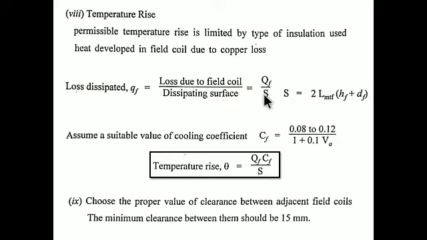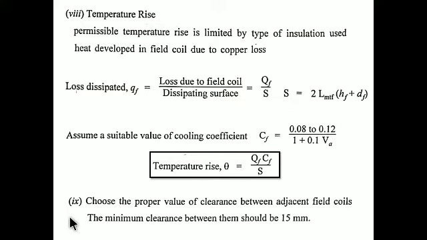After finding QF by S, there is the cooling coefficient, CF, calculated by this formula. It involves the armature voltage, and all other things are numerical, a clearance value and a constant. By properly substituting the values, you can find CF. Then multiply these two and declare the temperature rise: theta is equal to QF CF divided by S.